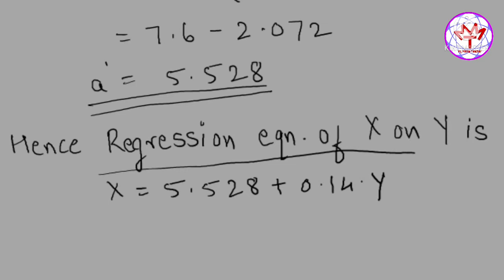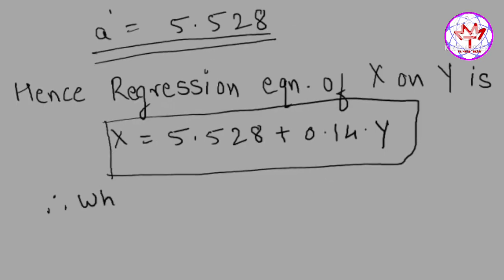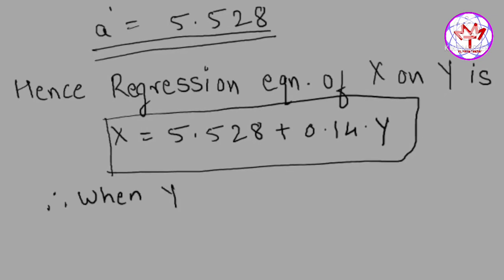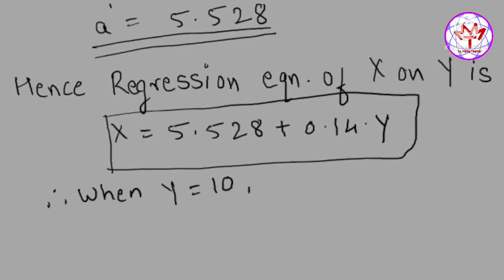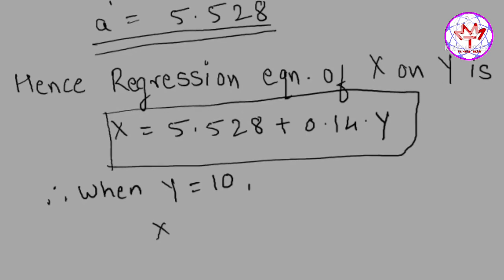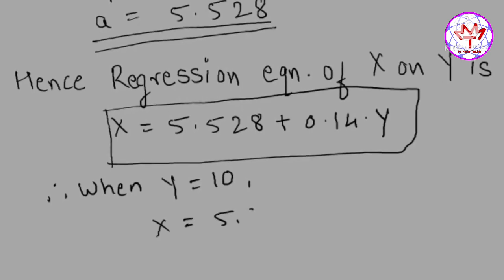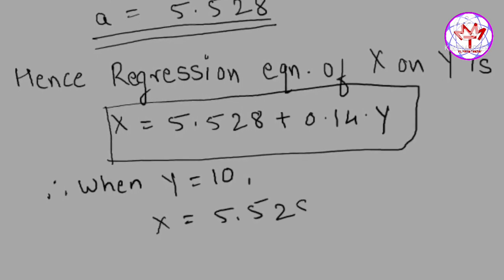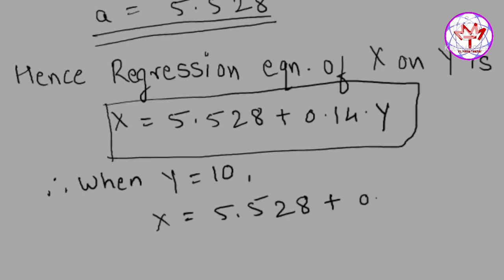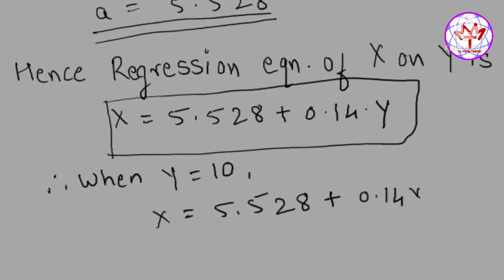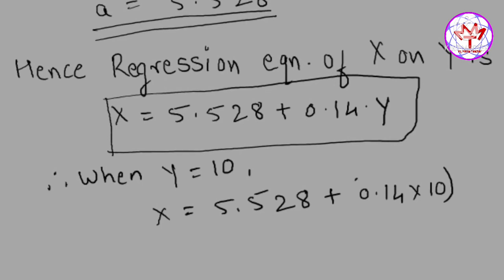So this is your regression equation of x on y. Now we have to estimate x when y is equal to 10. So therefore when y is equal to 10, x will be equal to 5.528 plus 0.14 into 10.